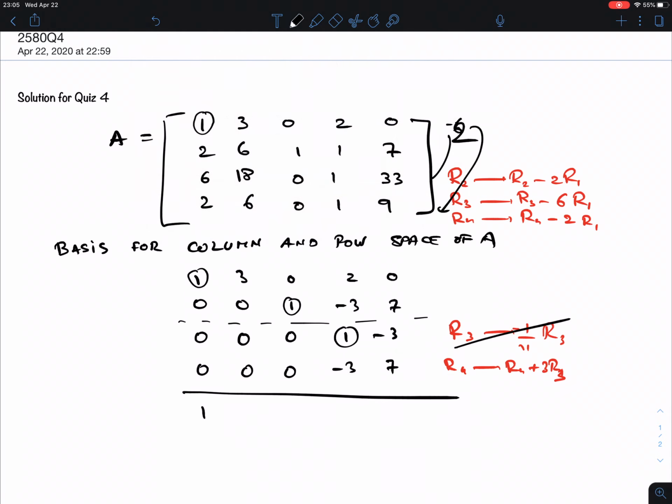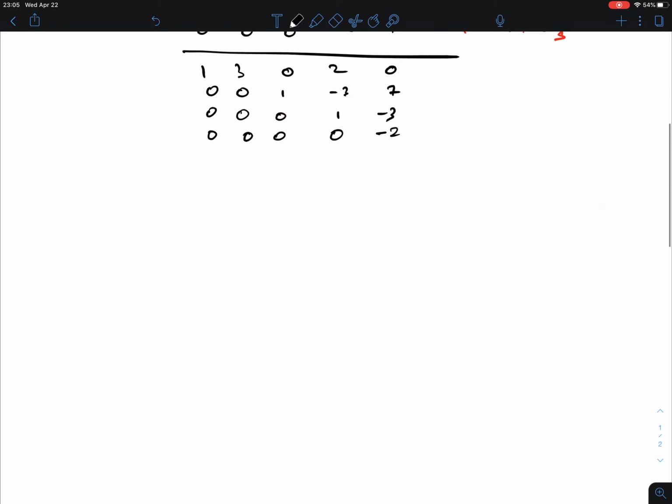And so we have 1, 3, 0, 2, 0, 0, 0, 1, minus 3, 7, 0, 0, 0, 1, negative 3, and then 0, 0, 0, 0, minus 2. Now, again, what did I do wrong? Because I know it's not supposed to be like that.